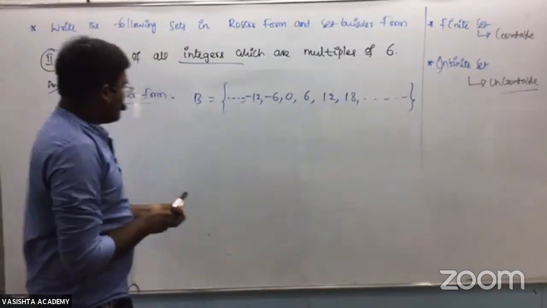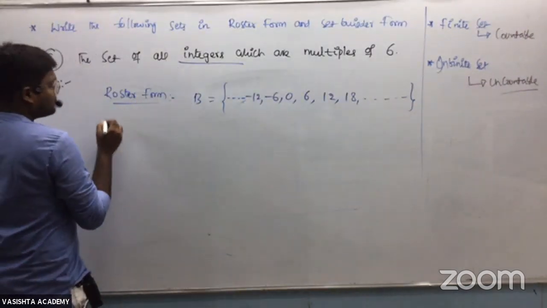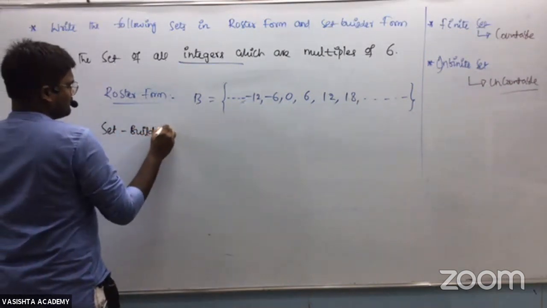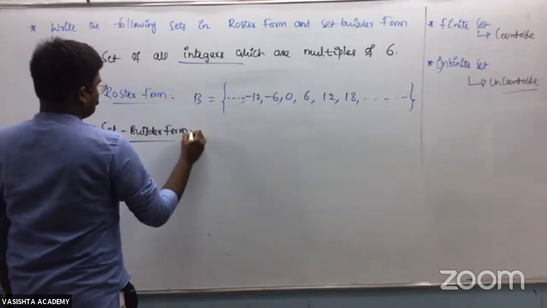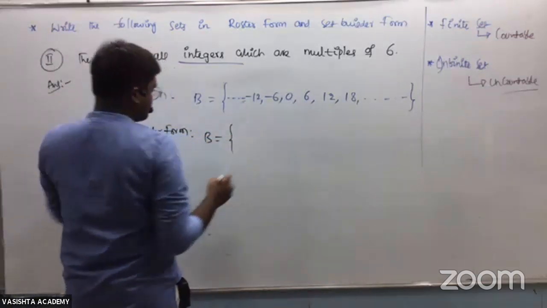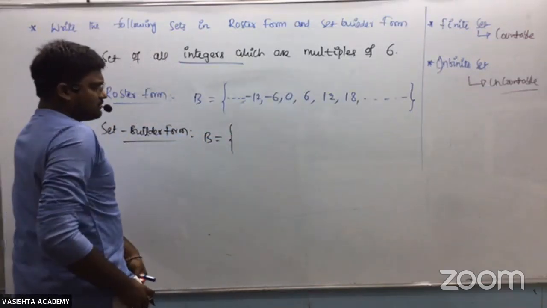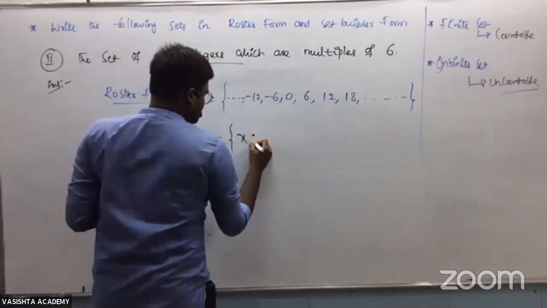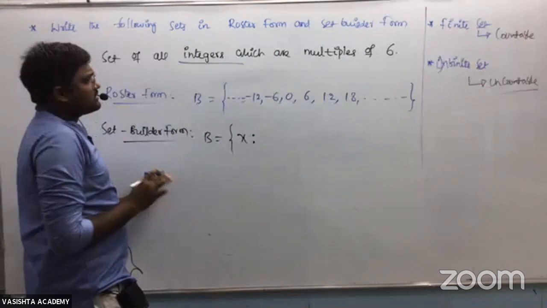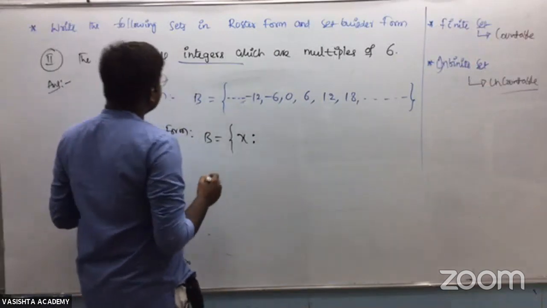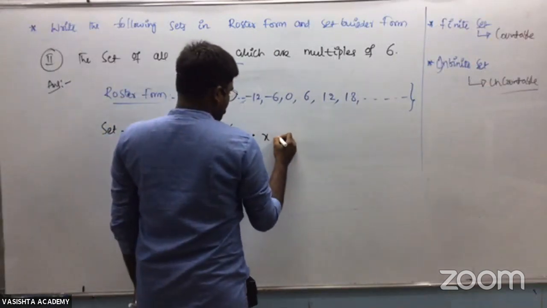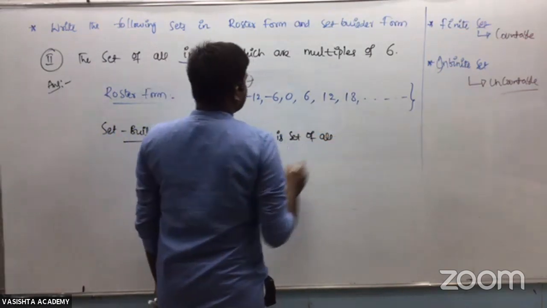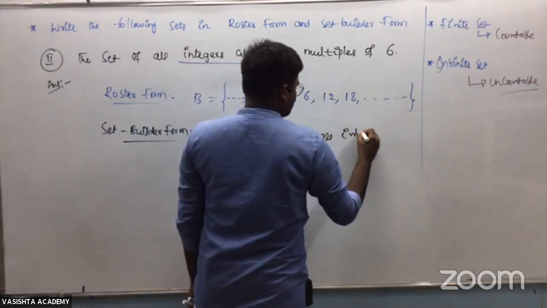And in set builder form, how can I write it? Like this: B equal to {x such that x is a set of all integers which are multiples of 6}. You can write n or x, anything.